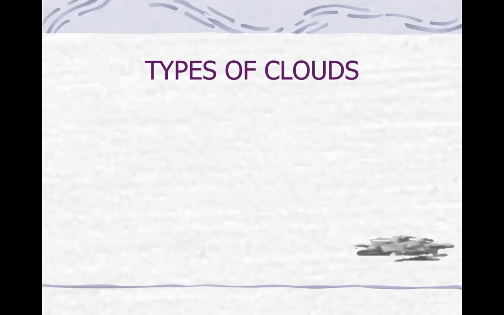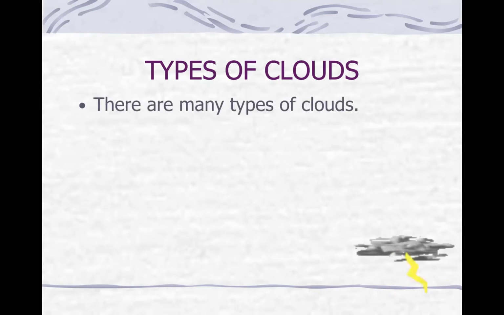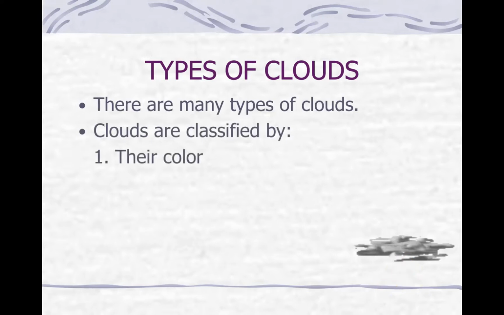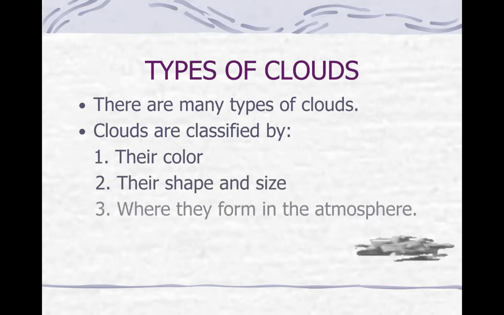So let's get started. There are many types of clouds, just like I said. Clouds are classified simply by their color, their shape and size, where they form in the atmosphere.